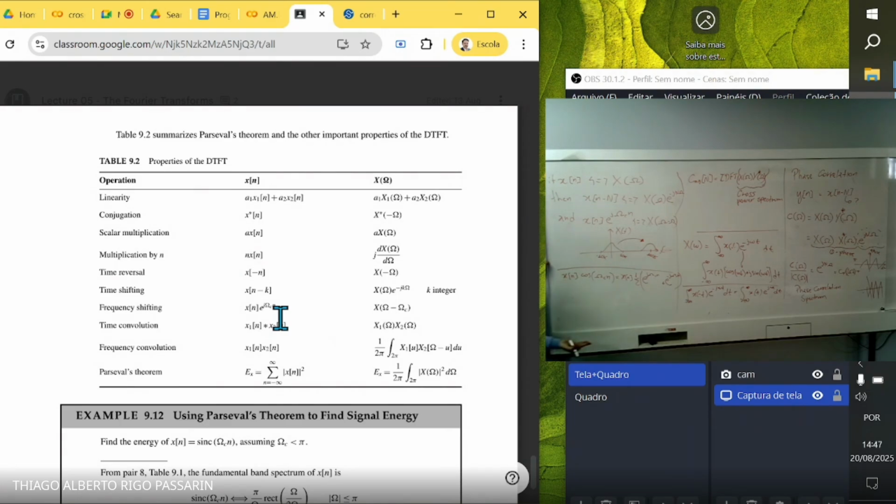So we have two complex exponentials when we have a cosine, and we're multiplying by both of them. We will have half x of n e to the j omega c n plus half x of n e to the minus j omega c n.